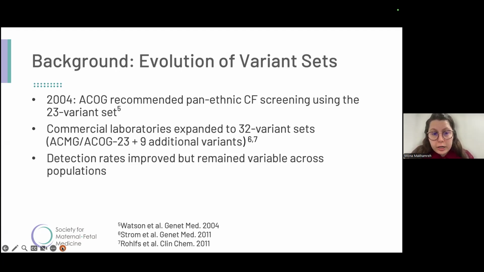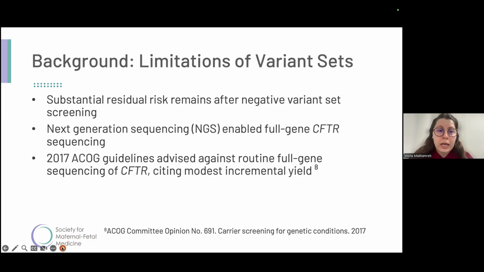That variant set was primarily derived from non-Hispanic whites and Ashkenazi Jewish populations. In 2004, ACOG changed the recommendation to include pan-ethnic cystic fibrosis screening using the same 23 variant set. A few years later, commercial laboratories expanded this to a 32 variant set that incorporated 9 additional variants considered more pan-ethnic and high-frequency in different populations. Detection rates did improve, but remained variable across populations. A substantial residual risk remains after negative variant set screening.